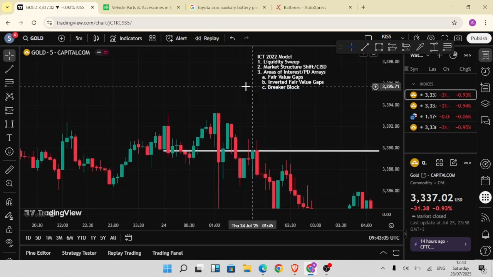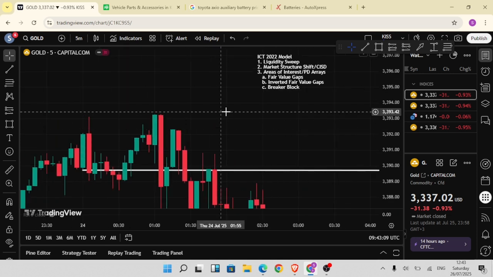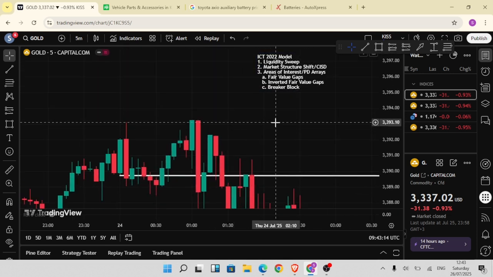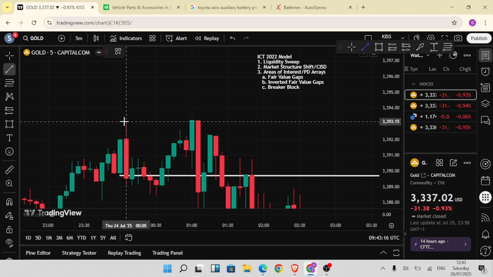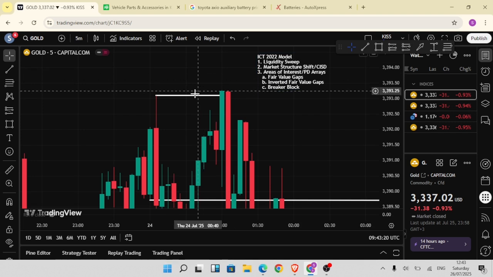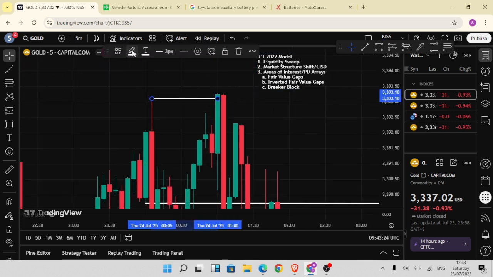However, introducing the ICT 2022 model for entries, what do we look for? We are looking for number one, liquidity sweep. So where do we have it? We have it right here. This high has been taken by this candle. So that is our buy side liquidity sweep.